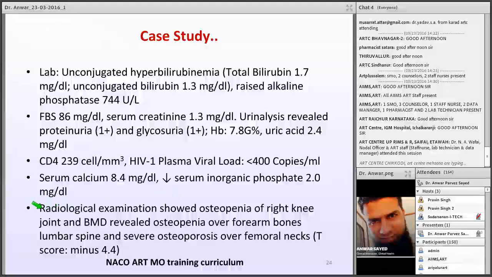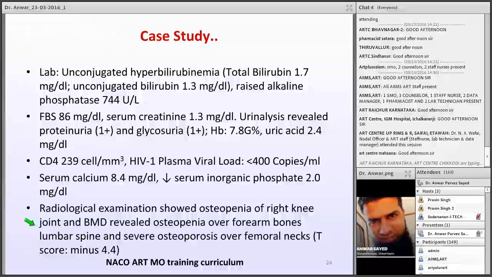The radiological examination showed osteopenia of right knee joint and bone mineral density, or BMD, revealed osteopenia over forearms, lumbar spine, and severe osteoporosis over femoral necks.